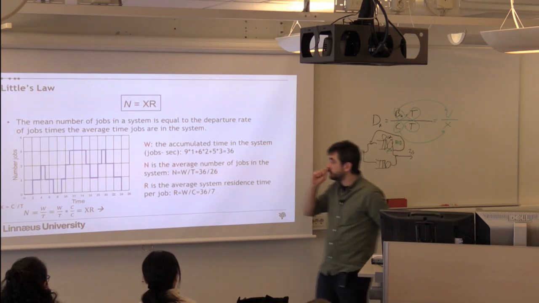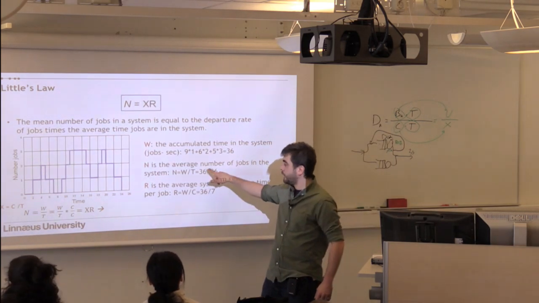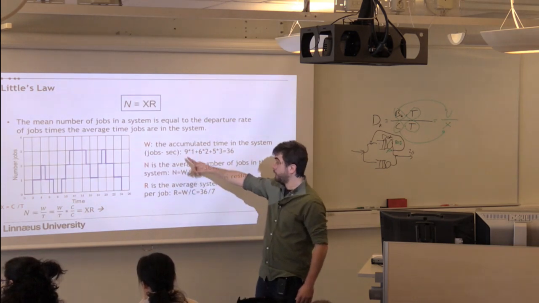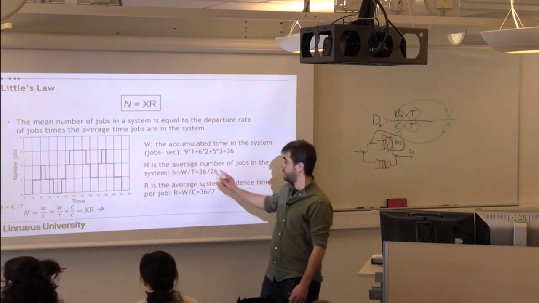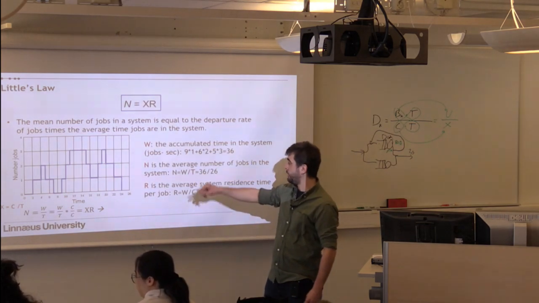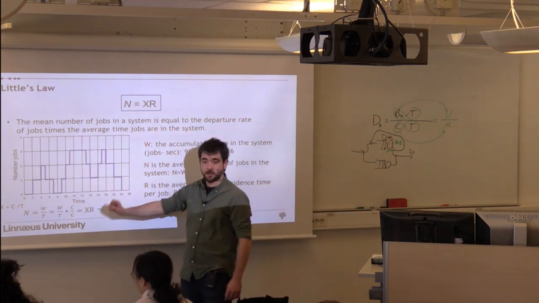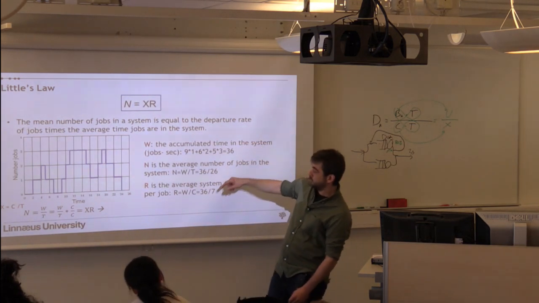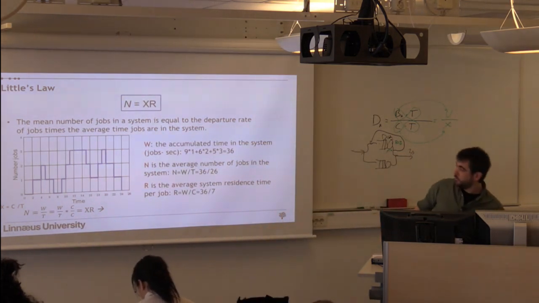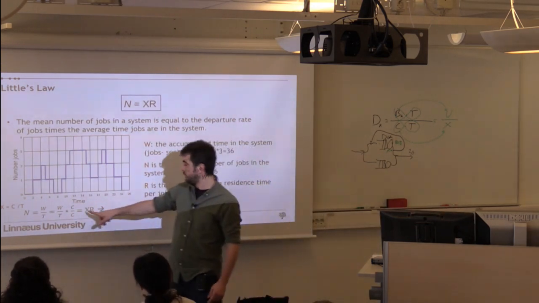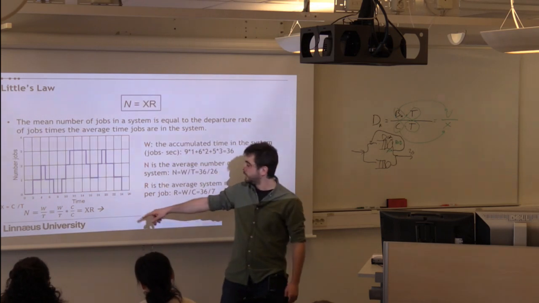So we saw that the mean number of jobs, using this observation, if we know the W and the t, was 36 divided by 26. Now if we don't know the W or t, but we know the throughput and the response time, the throughput is the number of completions, 7, over time 26, so 7 divided by 26.